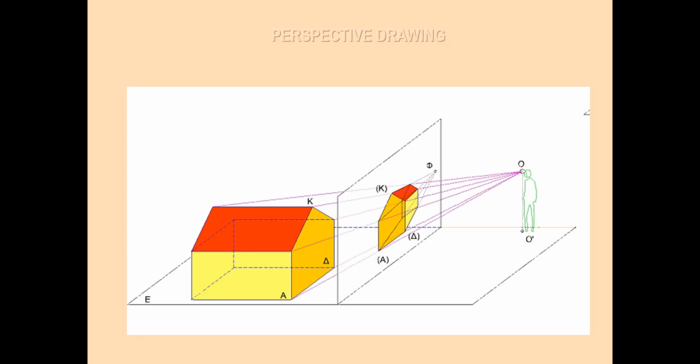Let's say that we have an observer here that looks at this object, and here we have a vertical plane in space that intersects the optical rays.